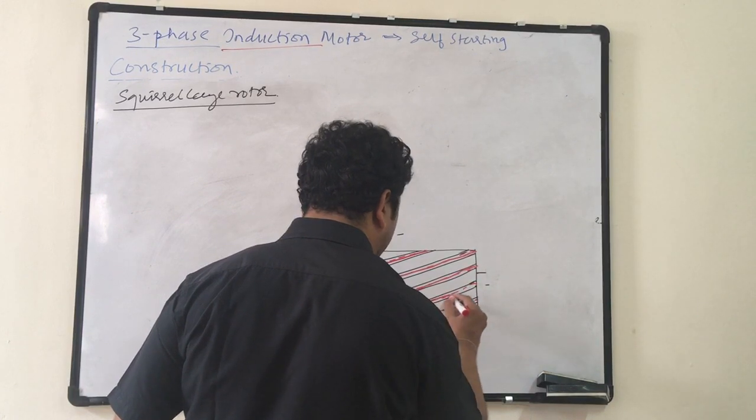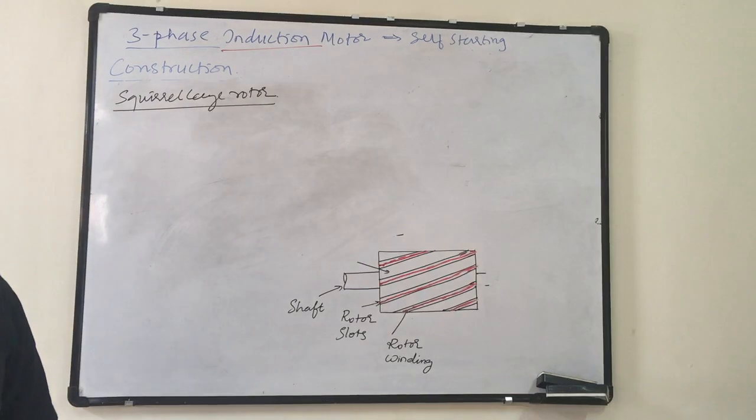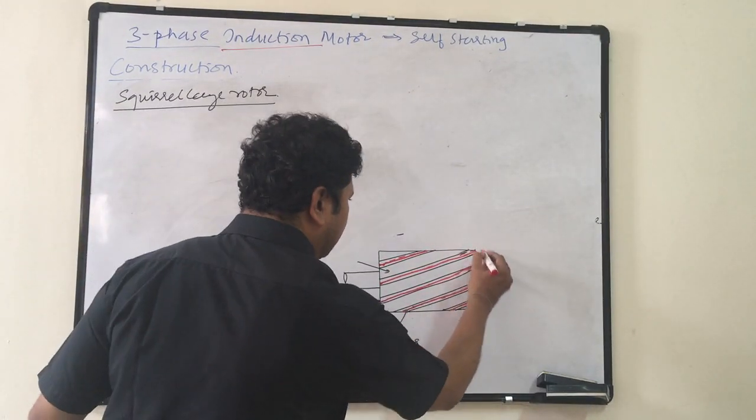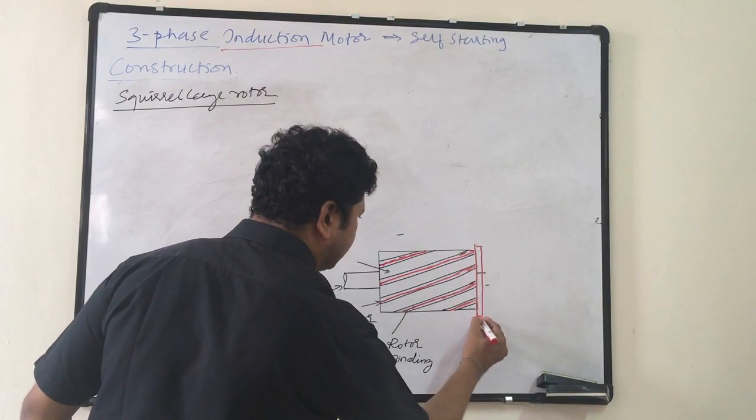These copper bars are not placed in the form of winding here. They are not placed in the form of turns. These copper bars are brazed at the end using end rings.